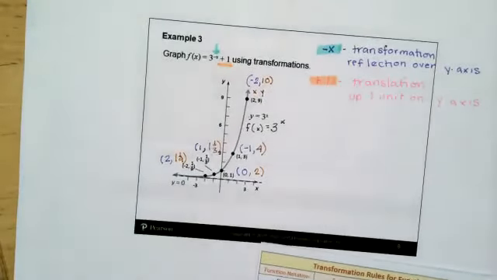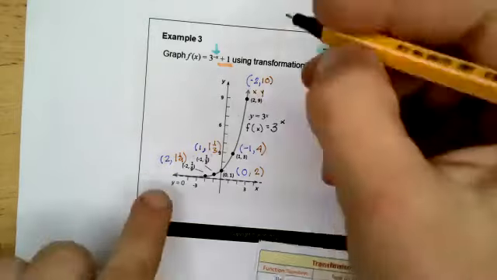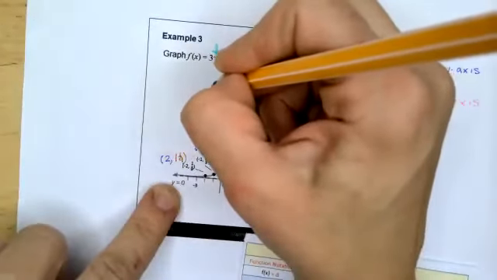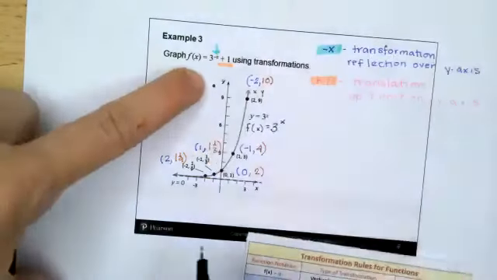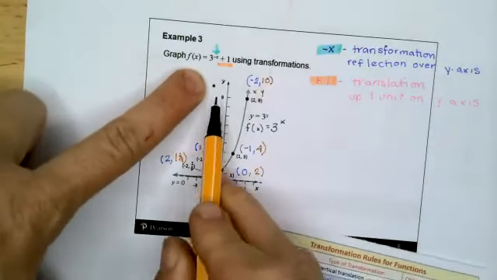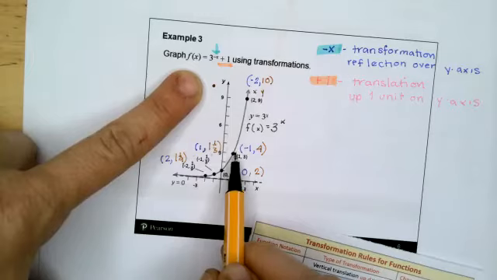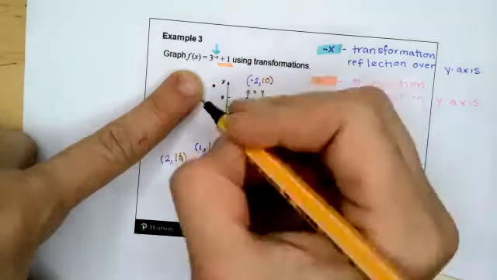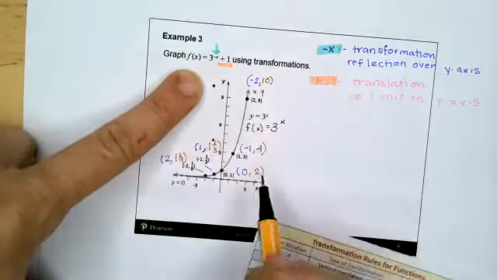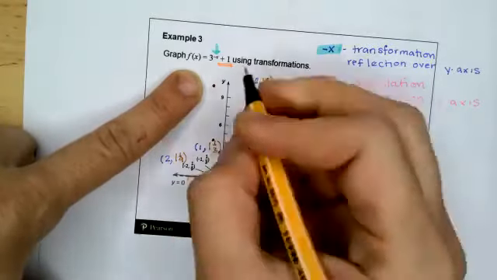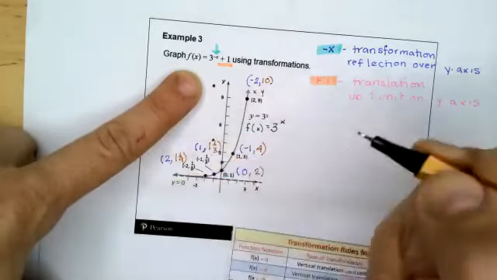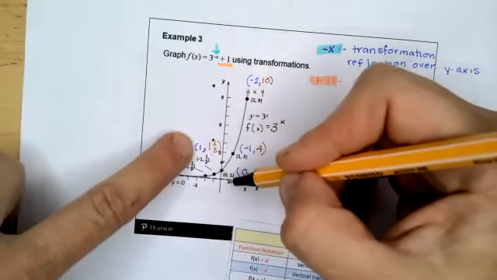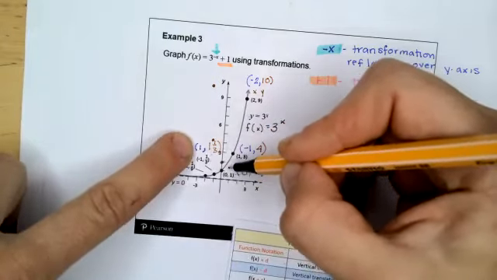Yeah. So -2, 10 is right here. So instead of -2, 1/9, you have -2, 10. 1, 3 becomes -1, 4. 0, 1 becomes 0, 2. 1, -1, 1/3 becomes 1, 1 1/3.